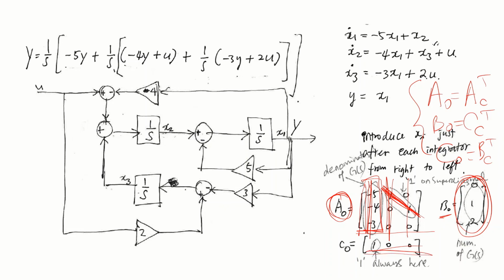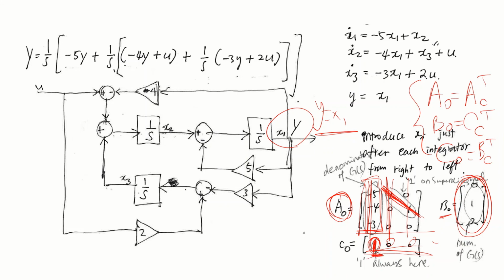And the C matrix will always be 1, 0, 0. Just the first entry will be 1, and all the other terms will be 0, because we always get y equals x1. For whatever transfer function, you are going to define your x1 as your output. So that's why CO will be a 0 matrix except the first entry, which is equal to 1.